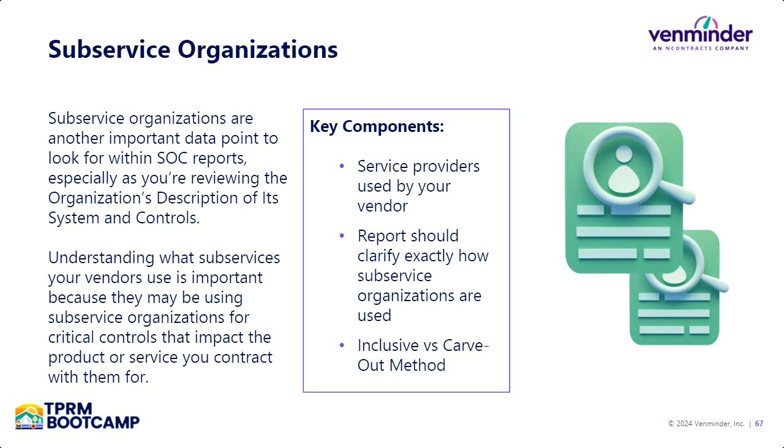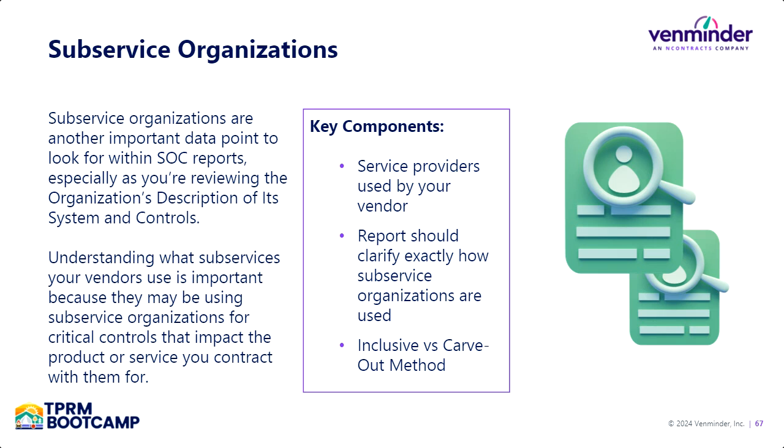Subservice organizations are also generally found in Section 3. These are the organizations that your vendor is calling out as providing critical controls to the operation of their product or service. These are your fourth parties. So you want to understand who they are and then determine if those controls have impact to you so that you can determine at what level you need to review them as your fourth party.